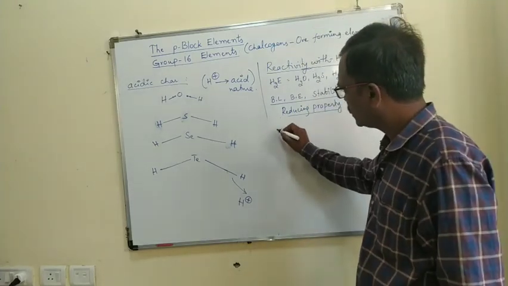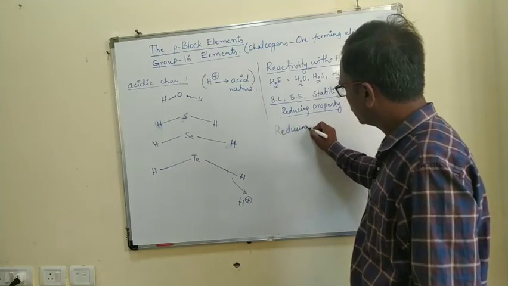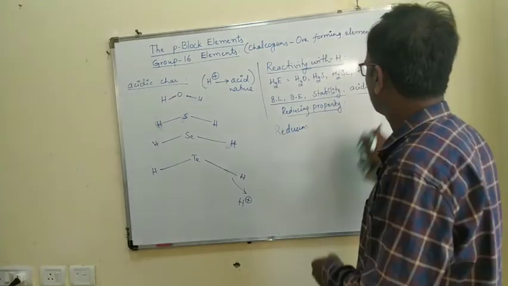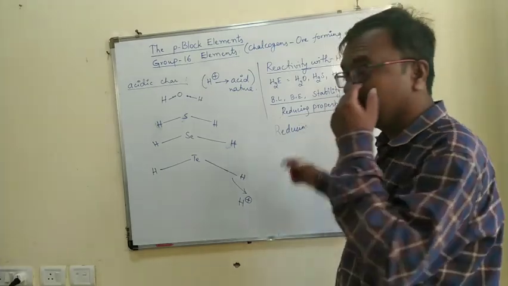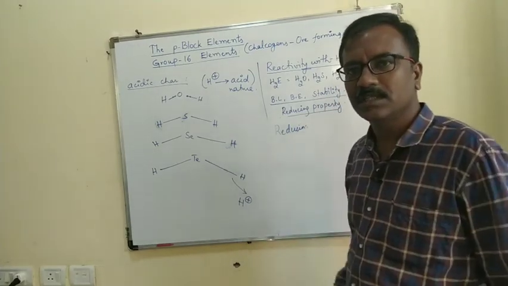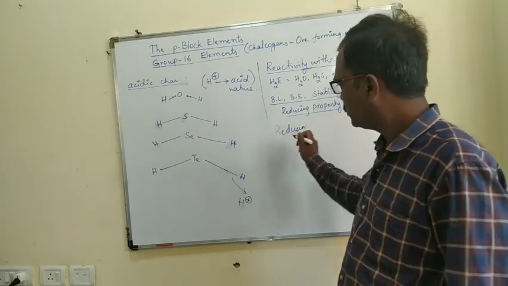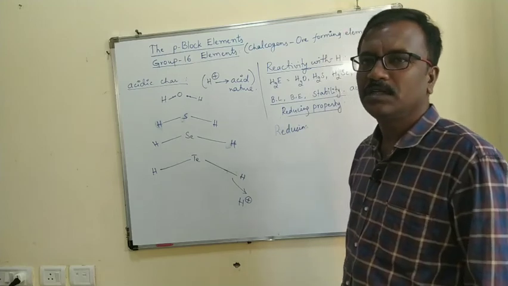A reducing agent is the compound which reduces the other substance and itself undergoes oxidation, right? How does it reduce?